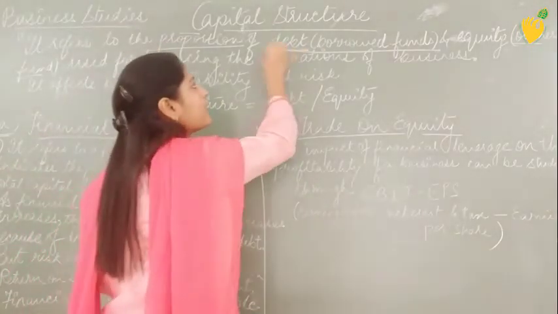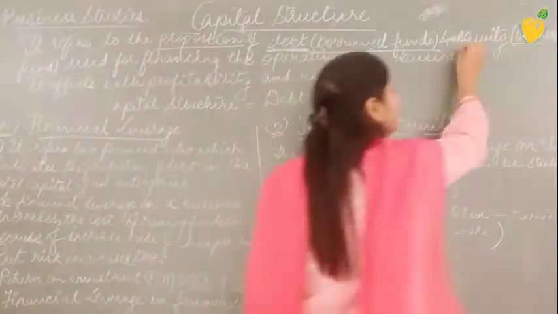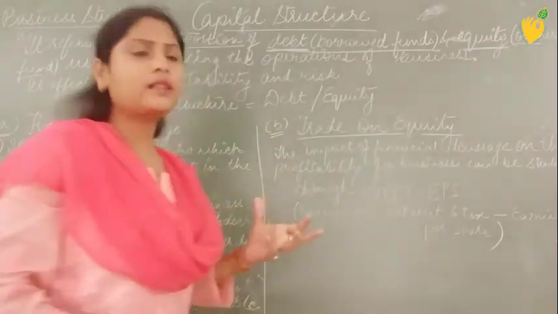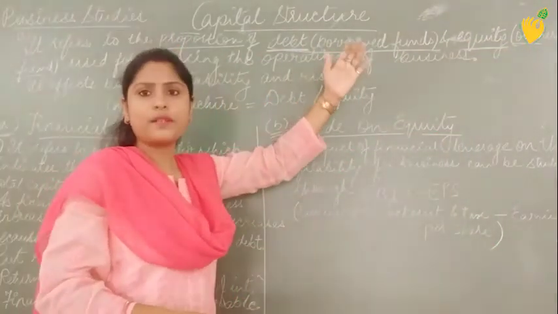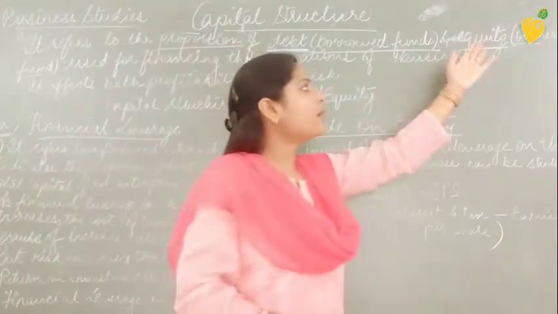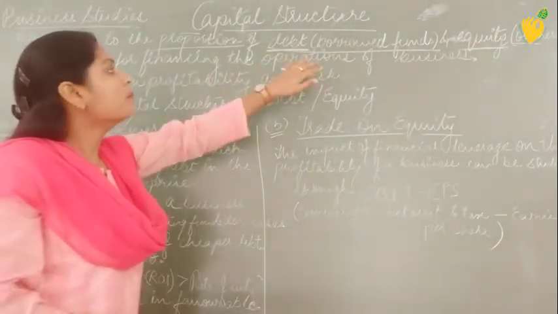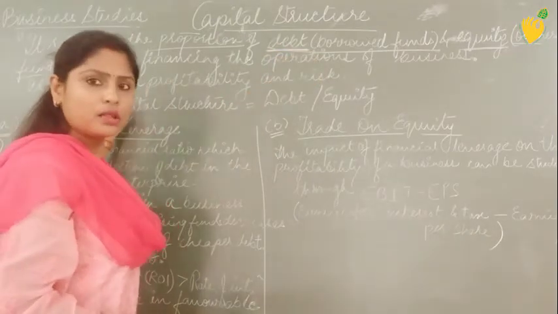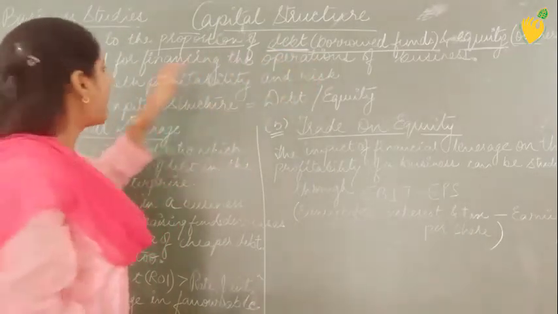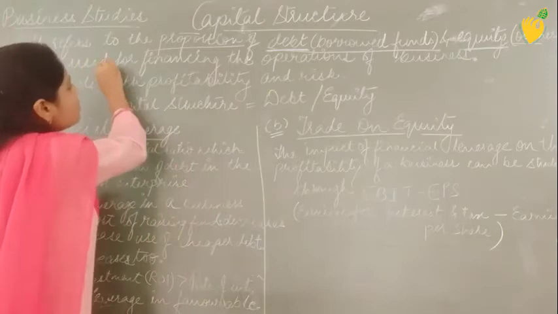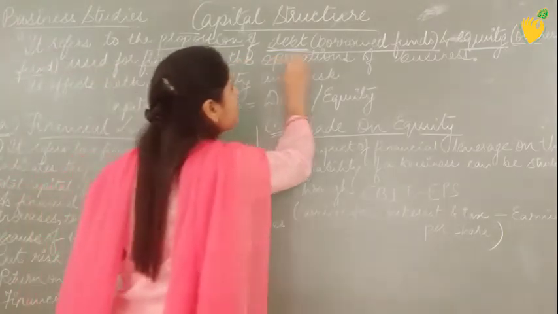Instead we'll call them debt and equity. If I'm saying debt, I'm talking about borrowed funds. If I'm talking about equity, I'm talking about owner's fund. So it is a proportion of debt and equity used for financing the operations.